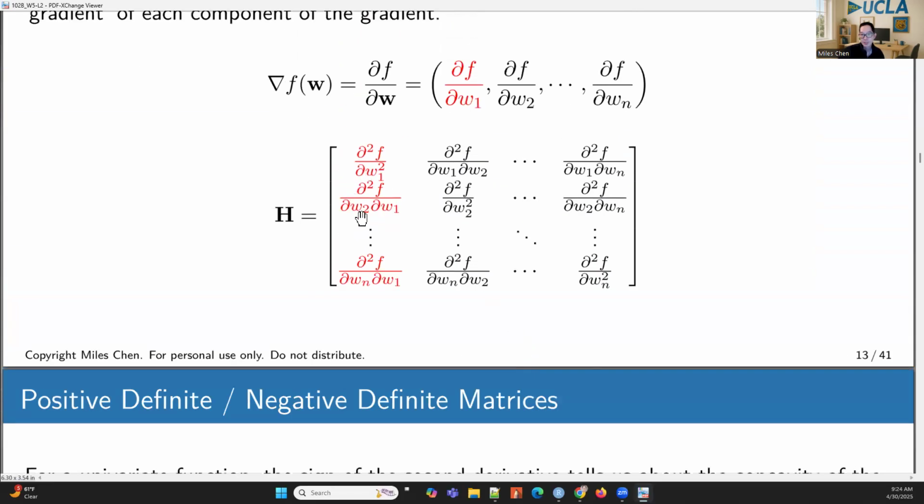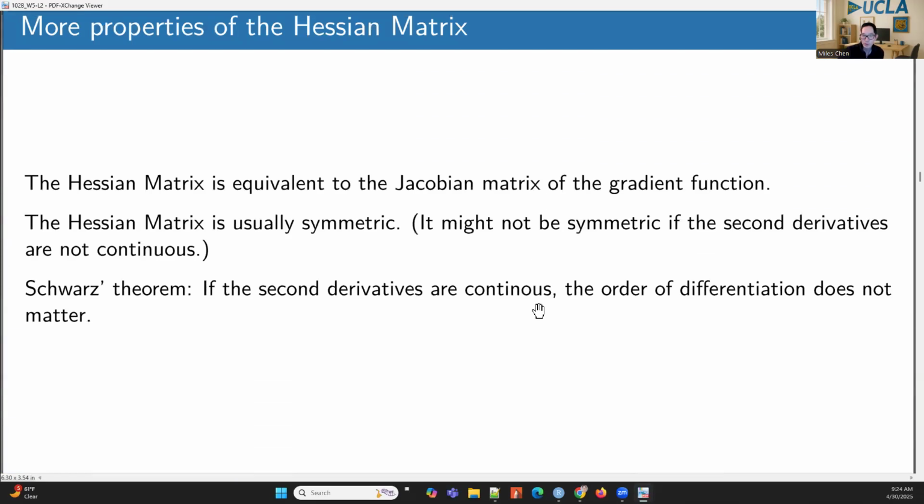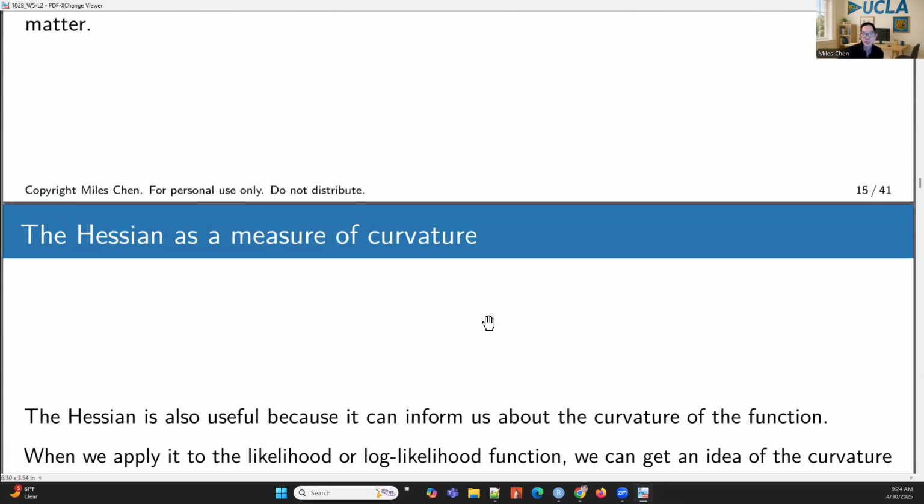So basically, when you have the second derivative, dw2 dw1, it's equivalent to dw1 dw2, and that would make this term and this term equal, and therefore this entire matrix would be symmetric, because whether you differentiate with respect to W2 first and then W1, or W1 first and then W2, the order doesn't matter, and therefore it's going to be symmetric.